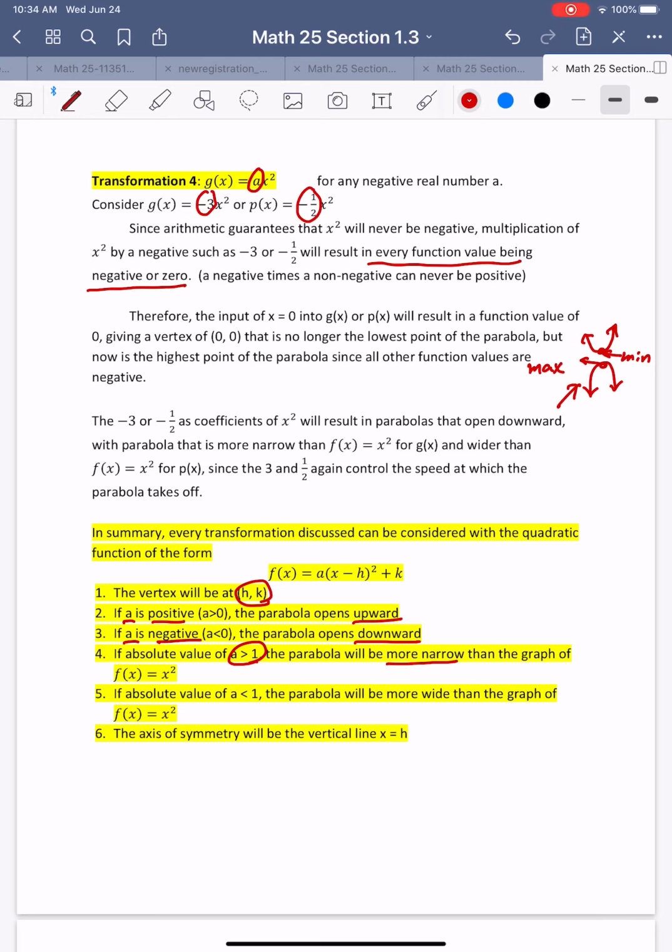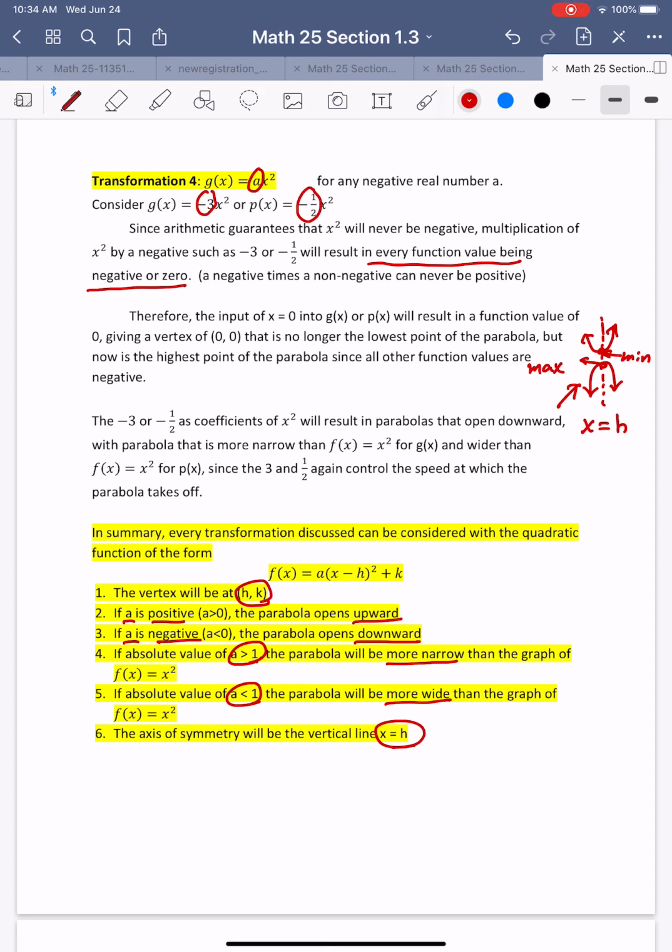And absolute value of a less than 1, which means between negative 1 and 1, right, closer to 0, means wider. And then the axis of symmetry will be vertical, x equal to h. Axis of symmetry means the line going through the vertex, so always x equal to h, okay?